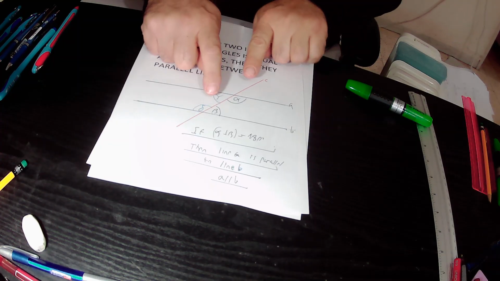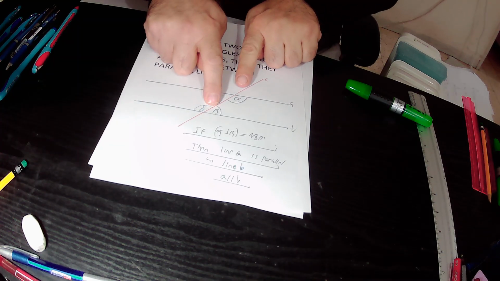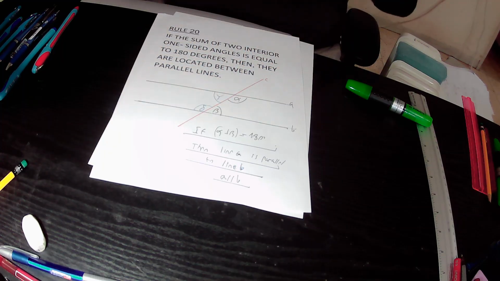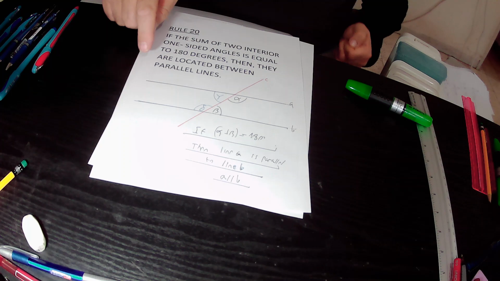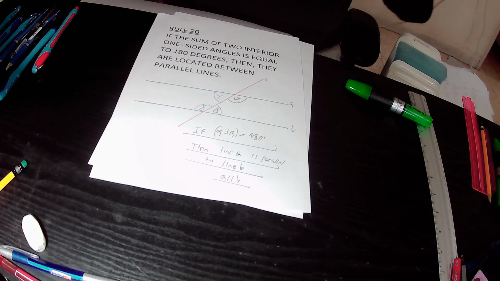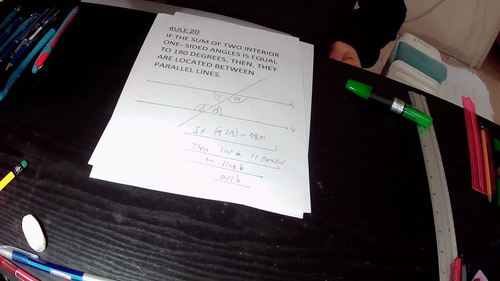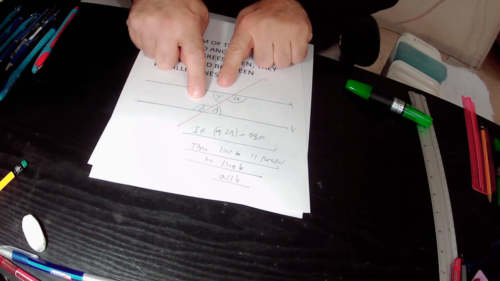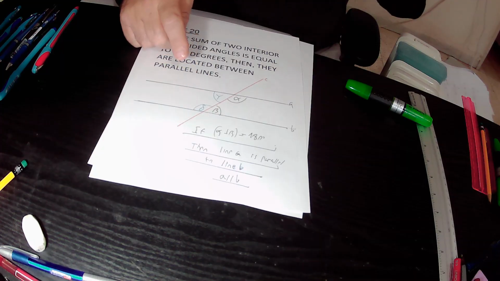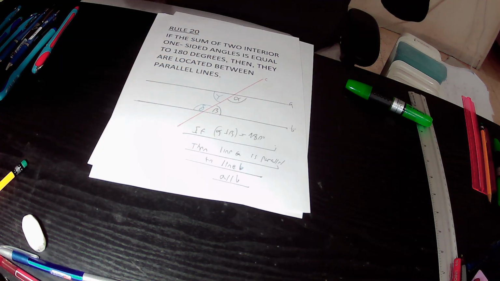Those are the two angles defined as one-sided angles. So if we know that alpha plus beta equals 180 degrees, then they must be located between parallel lines. That is to say, line A is parallel to line B. Likewise, if gamma plus delta equals 180 degrees, then line A is parallel to line B. So we can implement rule 20.